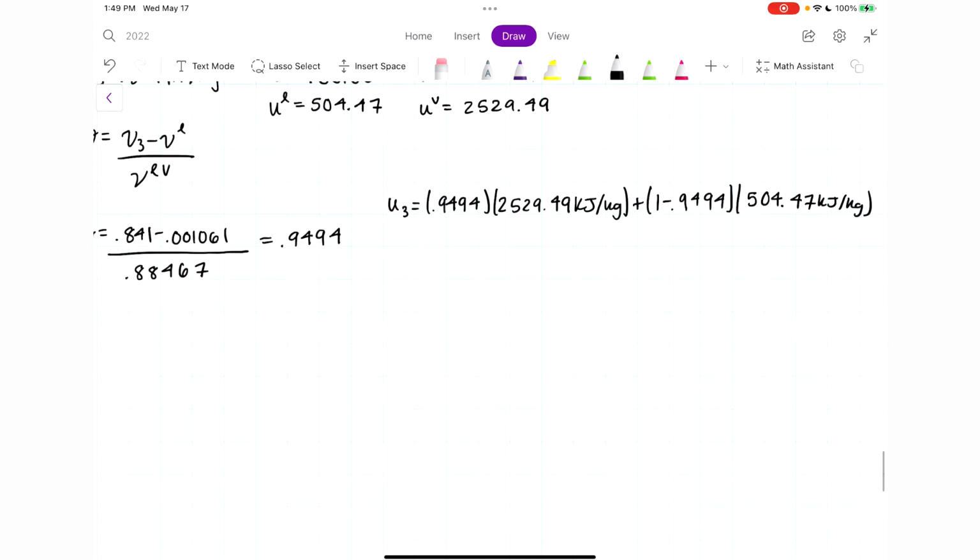After plugging everything in, we see that U3 is equal to 2,427.024 kilojoules per kilogram. Great.